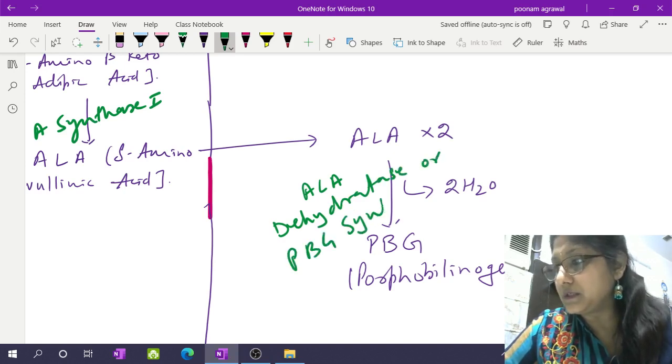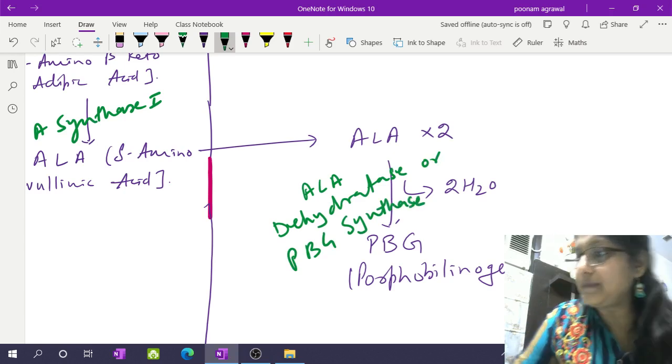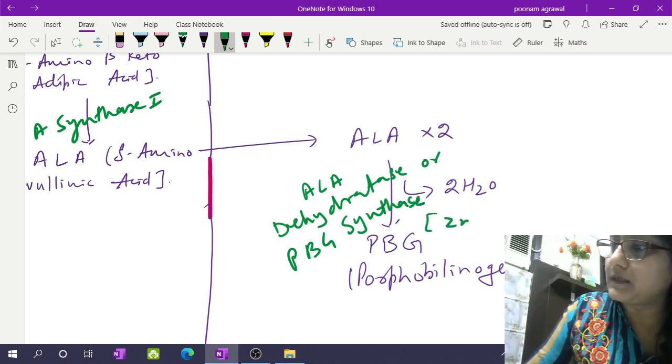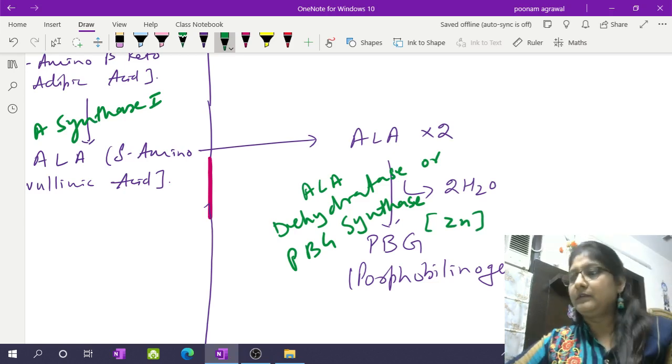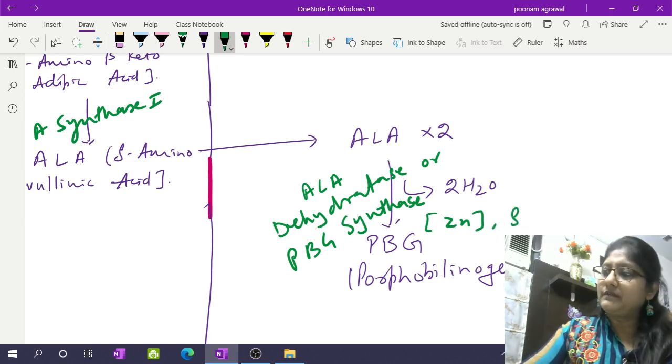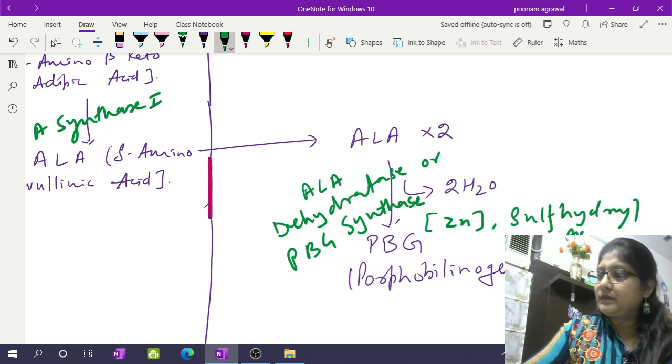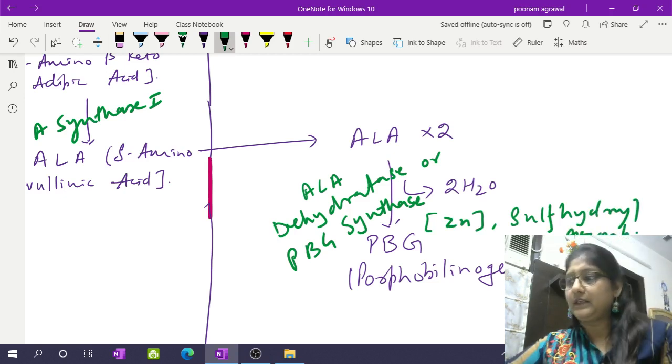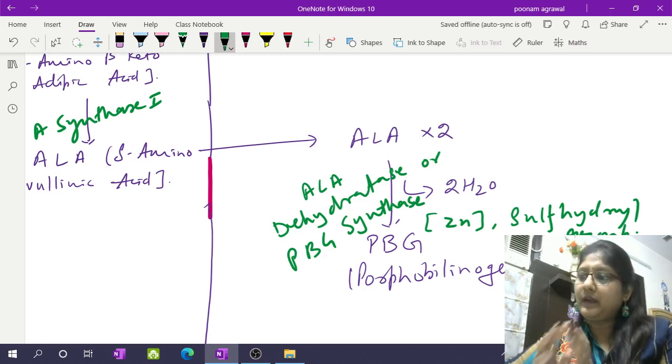PBG synthase is an important enzyme in heme synthesis, and it requires zinc for action and also the sulfhydryl group of the enzyme for catalytic activity. So now we have formation of PBG.